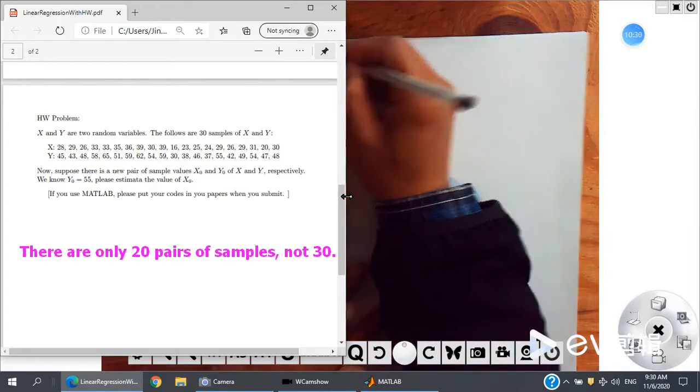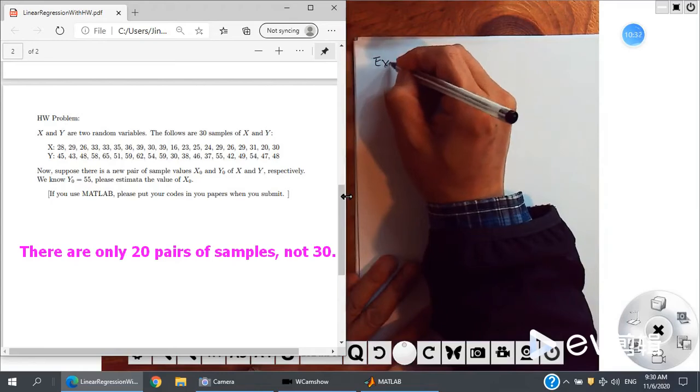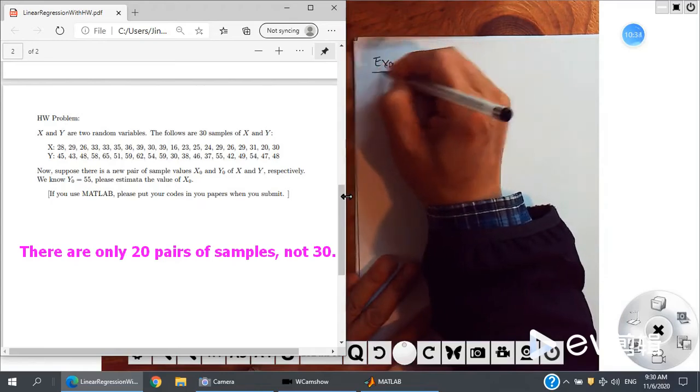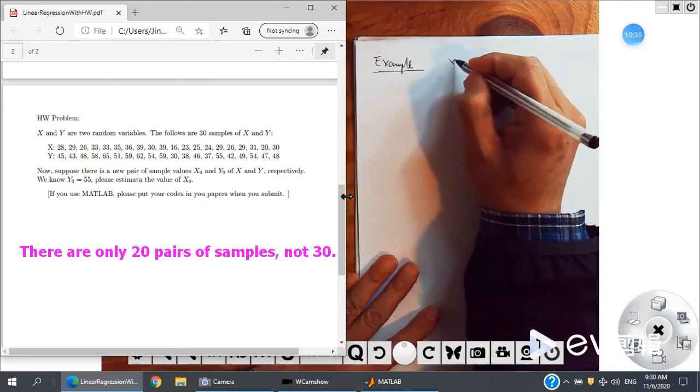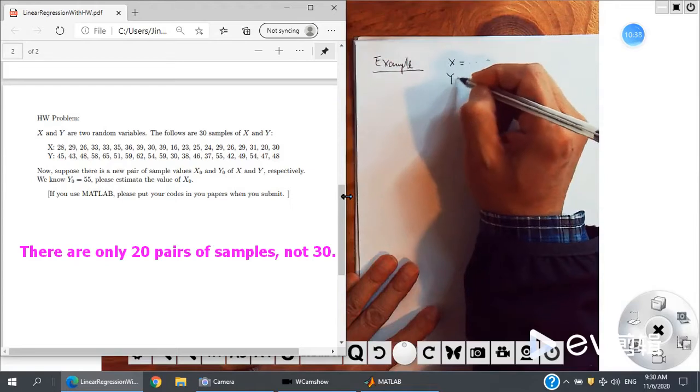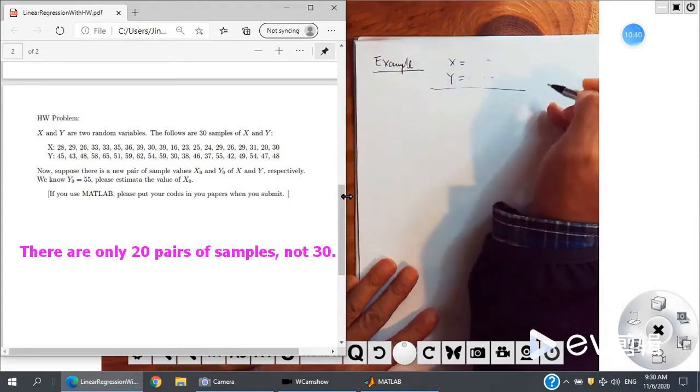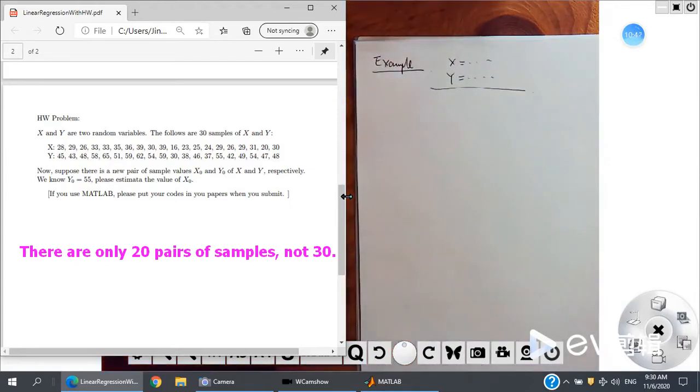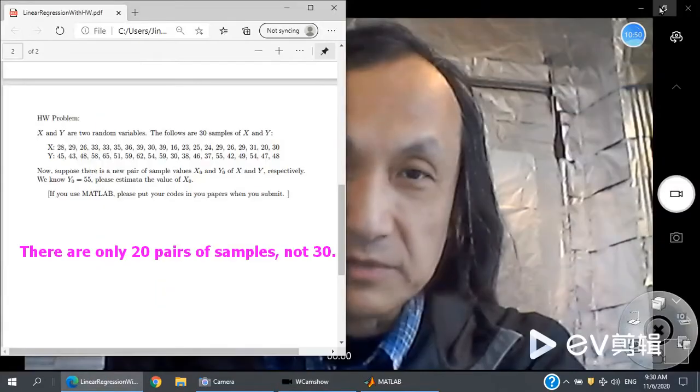Example. We have x equal to something, y equal to something. Of course, we have so many numbers, so the better way is to use the computer. If you want to calculate by hand, it's also fine, but that will be a lot of calculation.